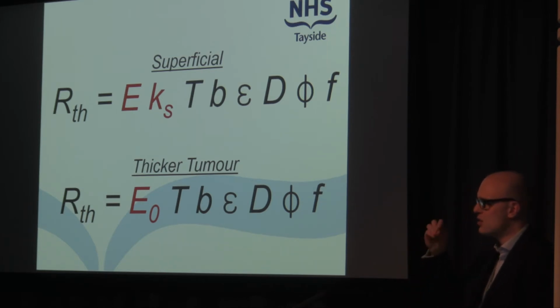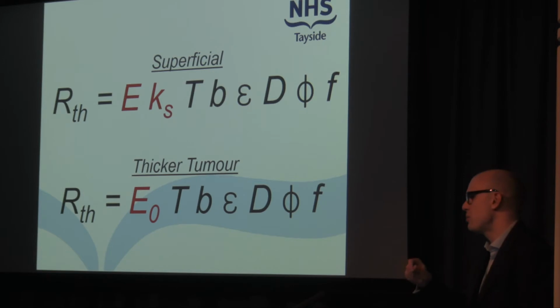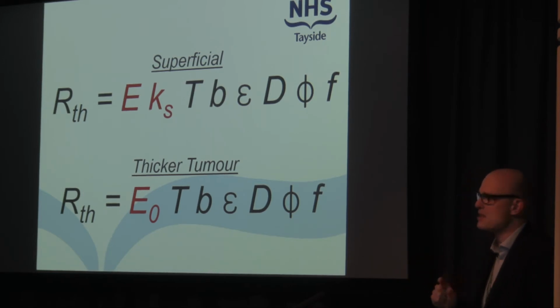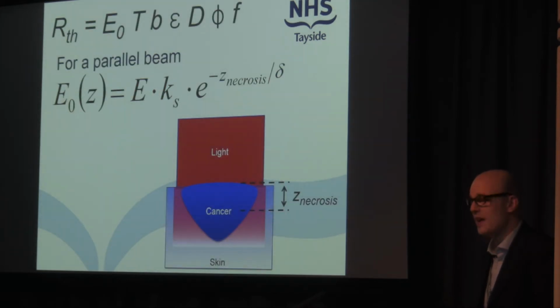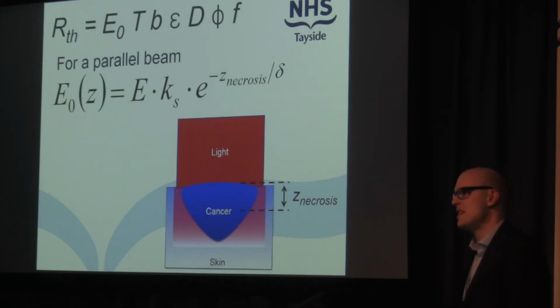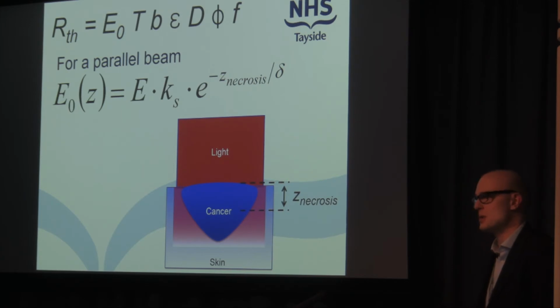Now, as light penetrates into the tumour, it will be absorbed and it will be scattered, so there will be a maximum depth at which you can still get necrosis based on the light penetration. And this is how report 88 defines these values.